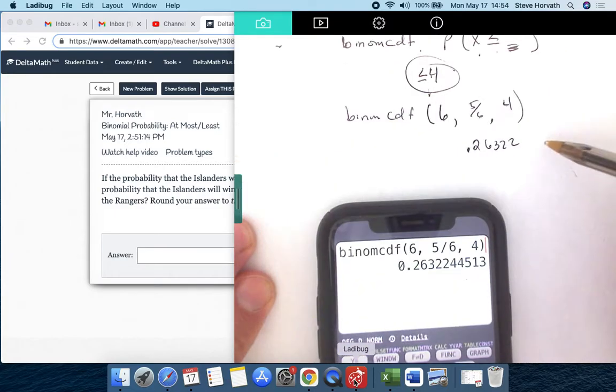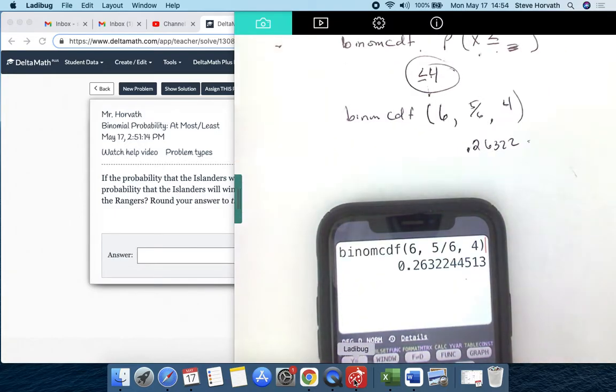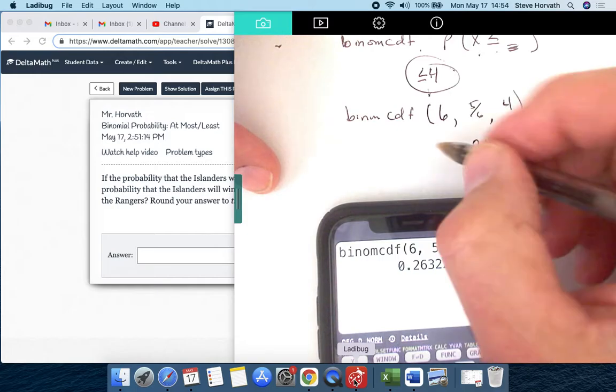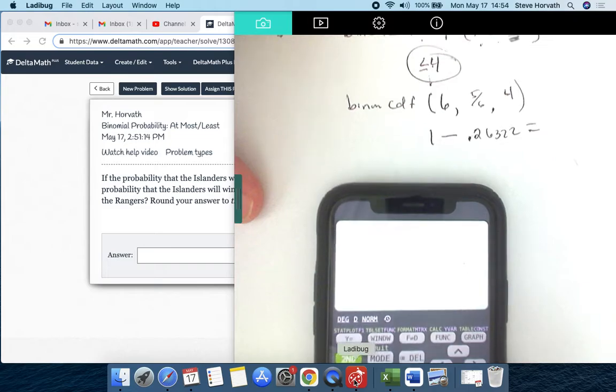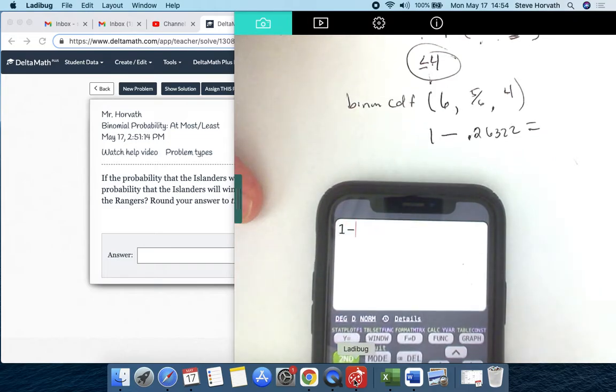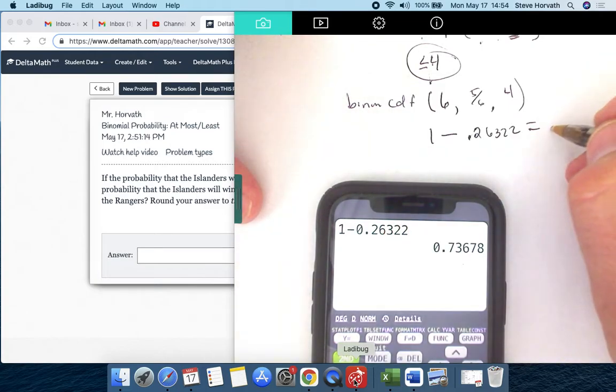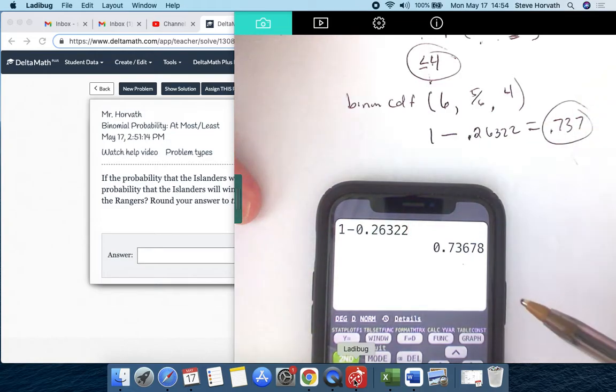But remember, that was the opposite of what we wanted. So our real answer is 1 minus 0.26322, so that's 0.737 rounded to the nearest thousandth.